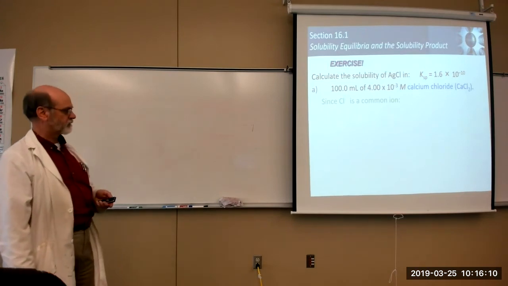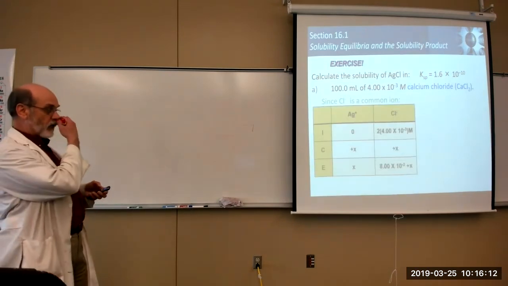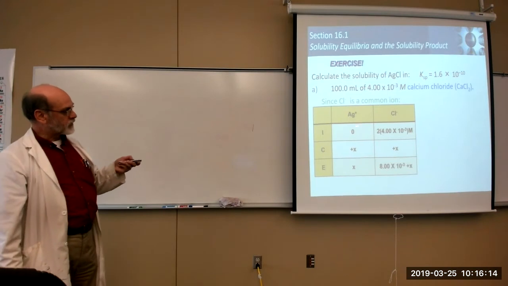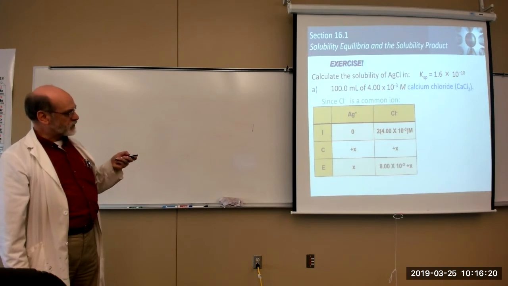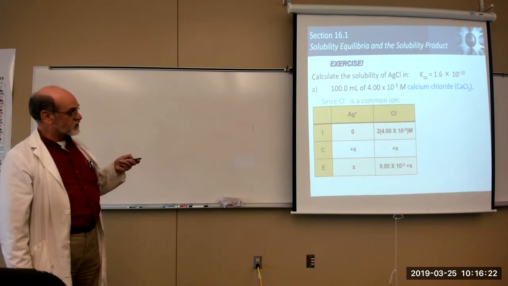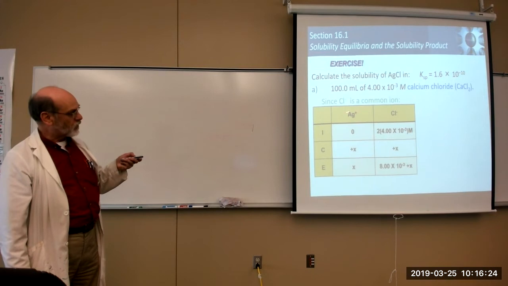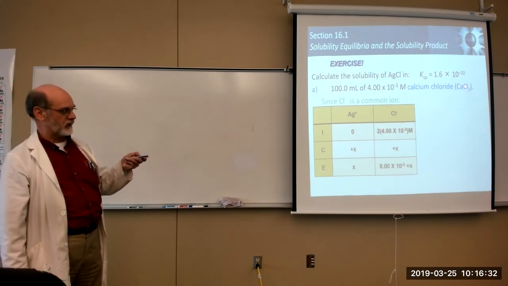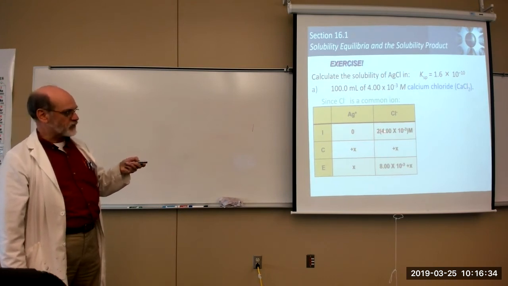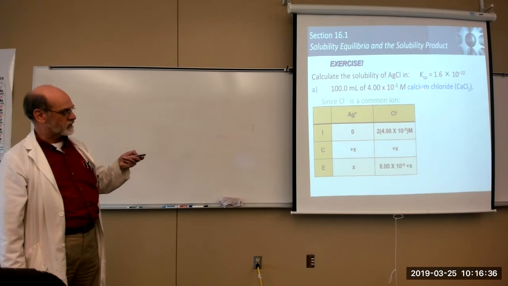Common ion effect. Okay. So if we set up our ICE table, which only requires that we have the ions, then we say our initial situation is we had no silver, right? We're starting with this much chloride, right? Because calcium chloride makes 2 chlorines. So you have 2 times that concentration.